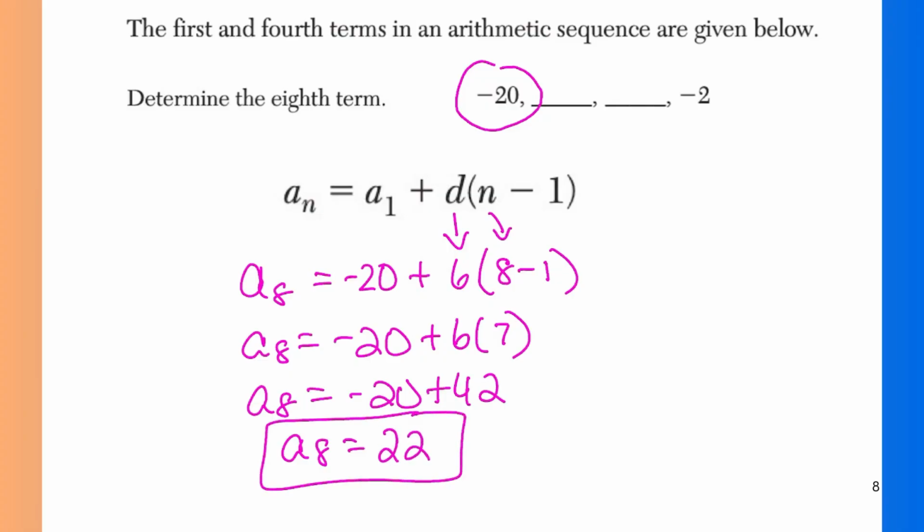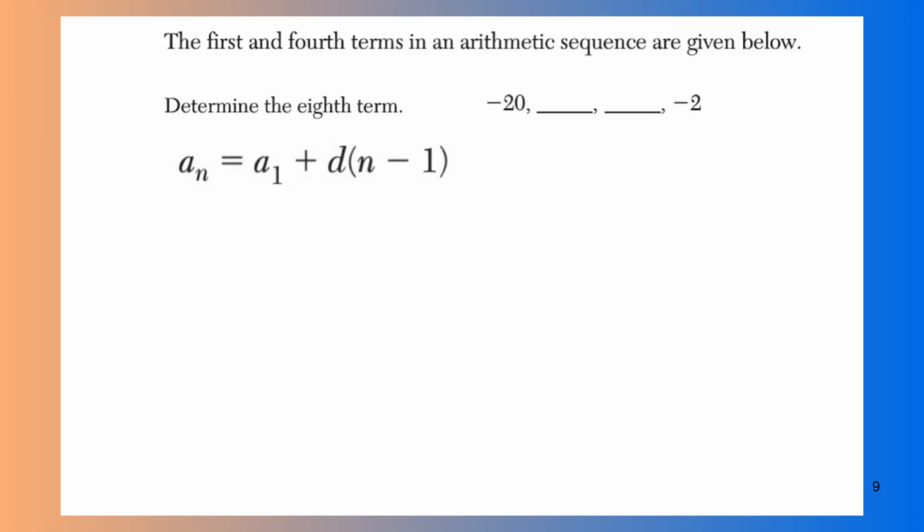And the last thing I'll show you is just how we can use the formula to find the common difference a little more formally. So we could use the information we have, which is the value of a sub 1 and the value of a sub 4, and we could substitute those into the formula in order to find the common difference. So instead of writing a sub n, we know that we're dealing with a sub 4.